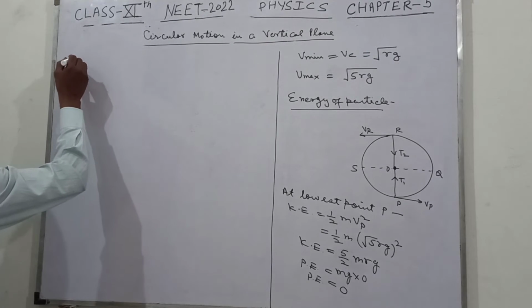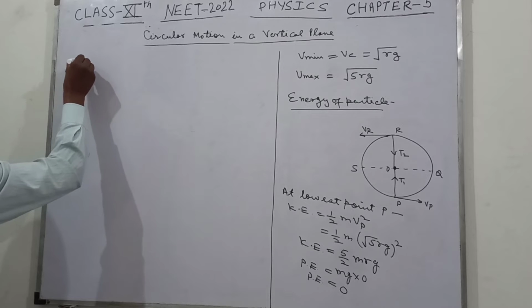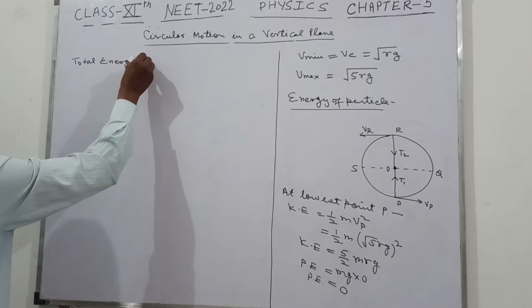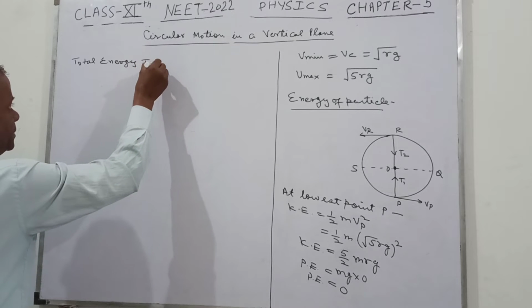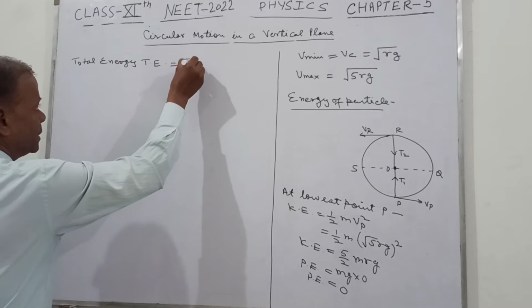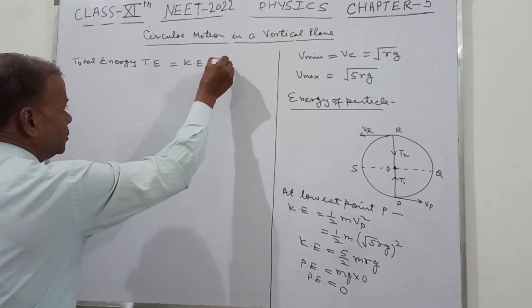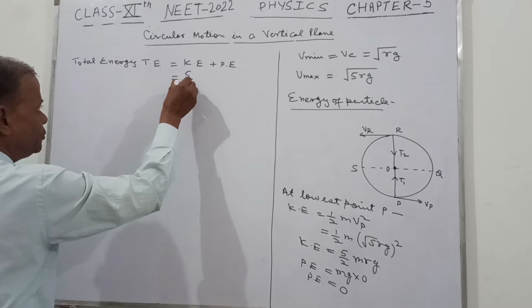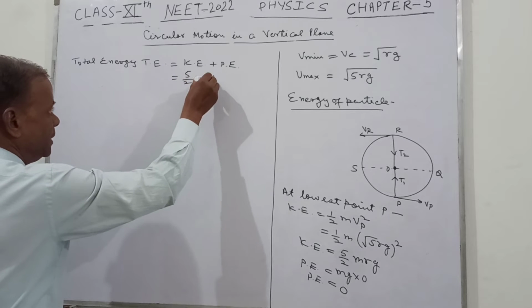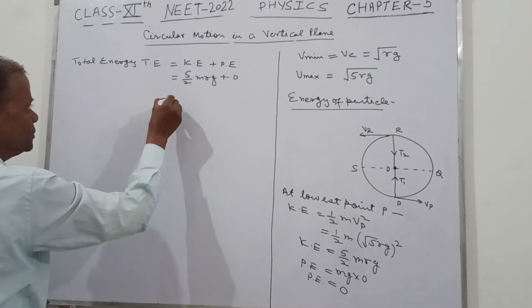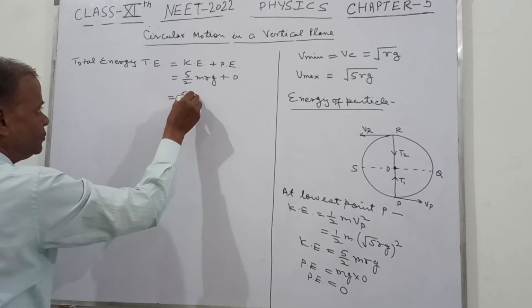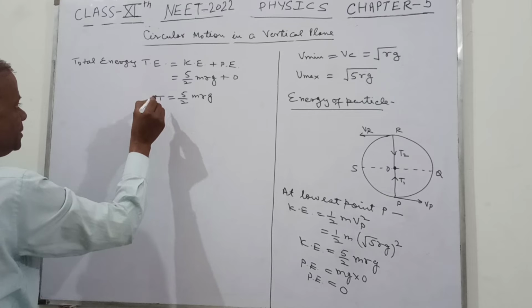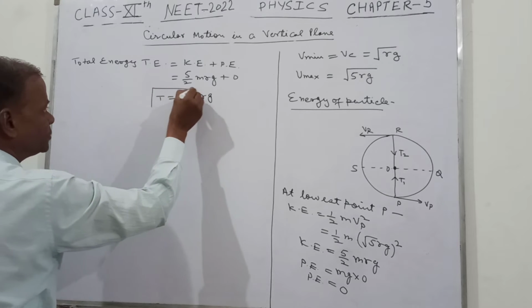Total energy TE is equal to kinetic energy plus potential energy. So this is equal to your 5 by 2 mRg plus 0. So this is now your 5 by 2 mRg. This is equal to total energy.